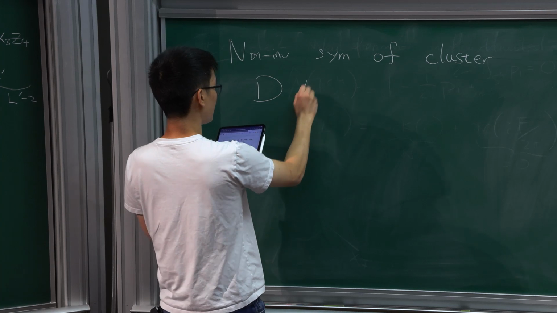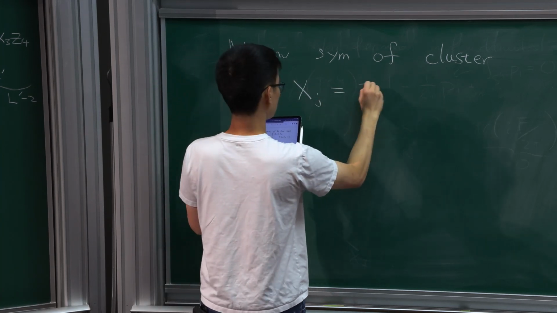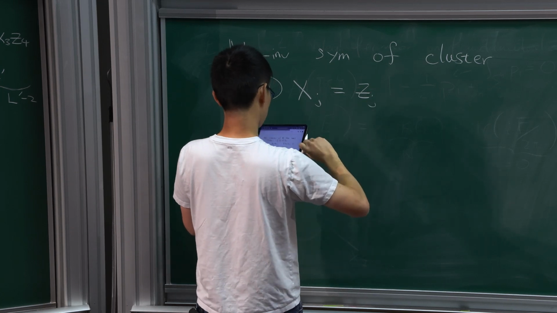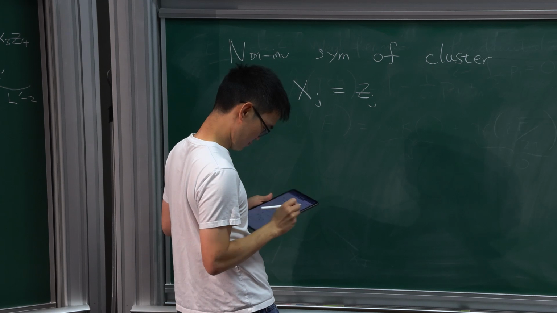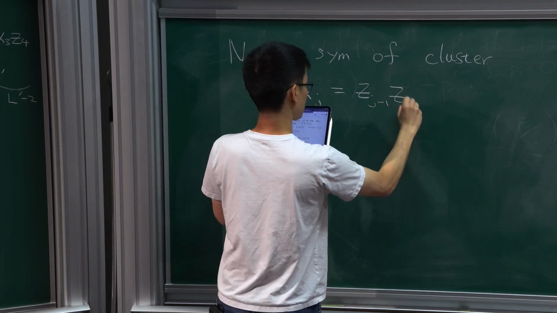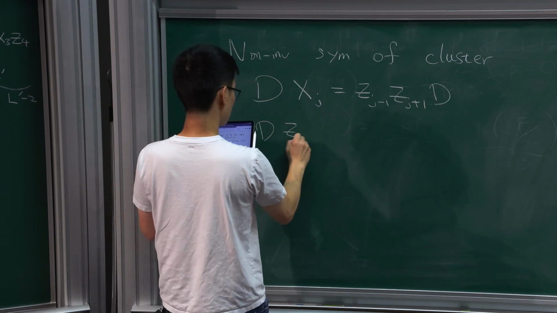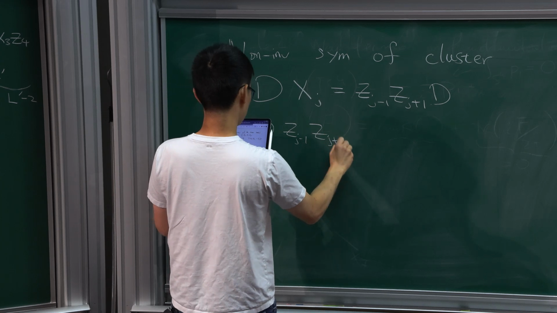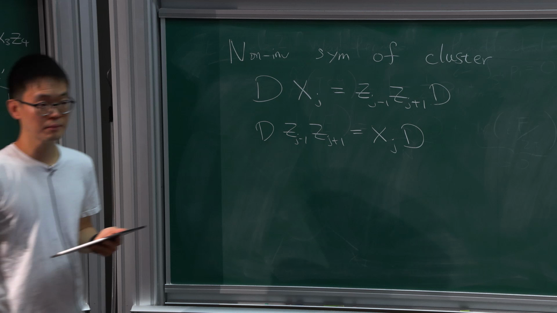And the way this D acts, and by acts I mean the following: D X_j equals, sorry, I have to find a typo in my notes, Z_{j-1} Z_{j+1} D, and D Z_{j-1} Z_{j+1} equals X_j D. Okay.